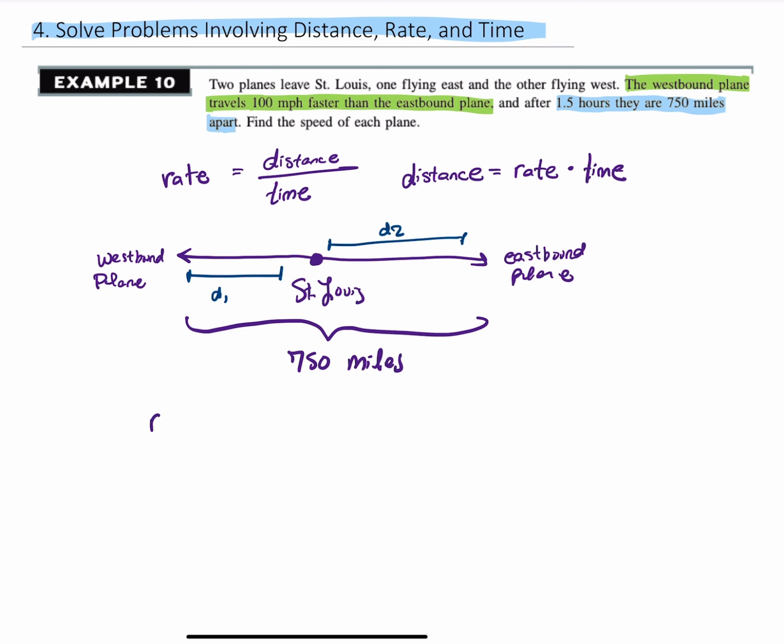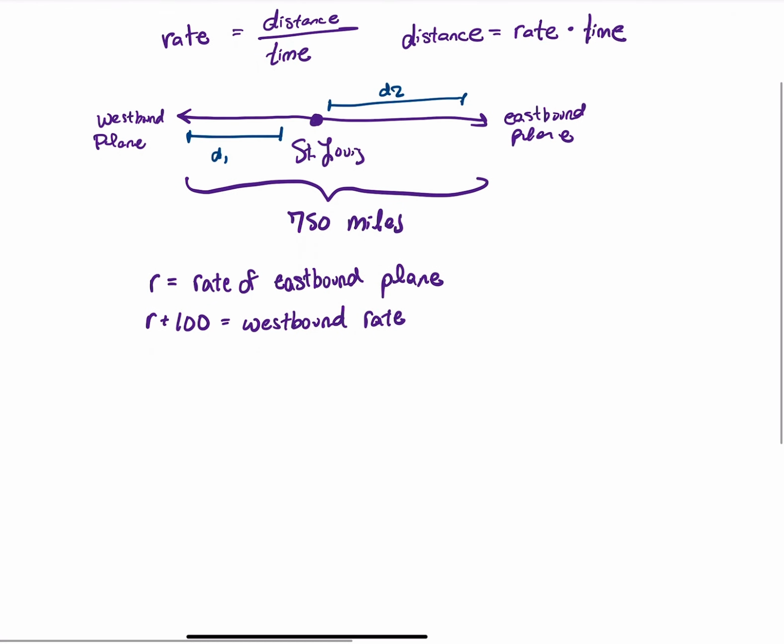So let's just call r the rate of the eastbound plane. And it says the westbound plane is traveling 100 miles per hour faster than this. So we can say r plus 100 is the westbound plane's rate. Make a little room.